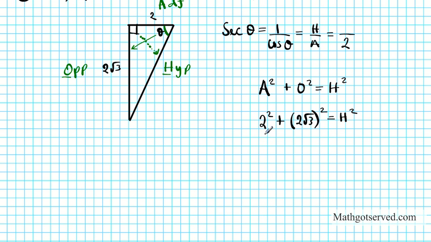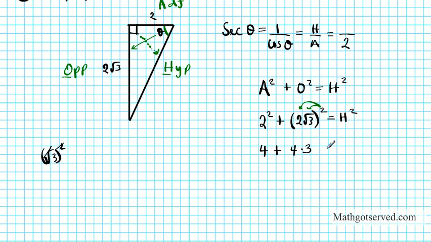All right, so 2 squared is easy, which is 4. Now what on earth is this? How do you square that? Well, we have to be really careful. We have a radical and a whole number, so we're going to distribute the square into these two types of numbers. So it becomes 2 square times root 3 square. 2 squared is 4, and root 3 squared, because squares and square roots are inverses, cancels out and becomes 3.